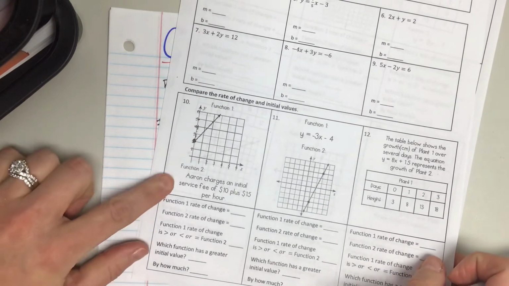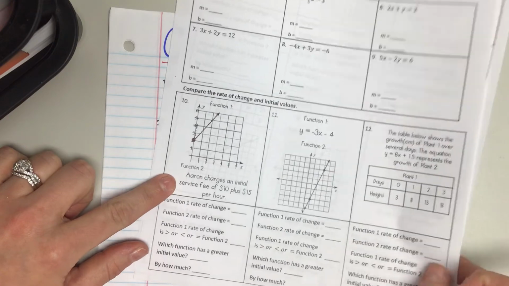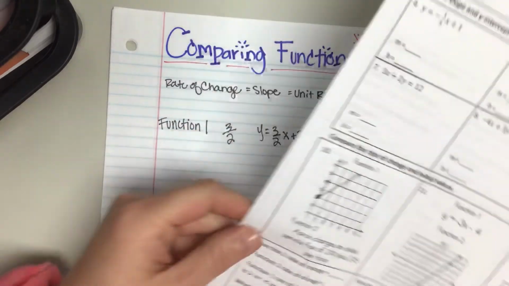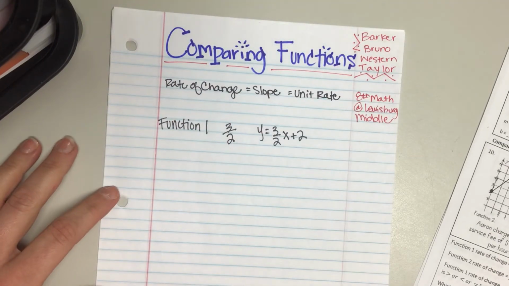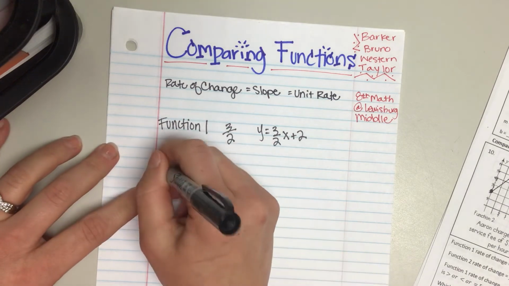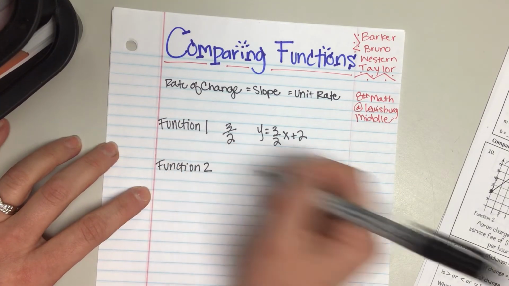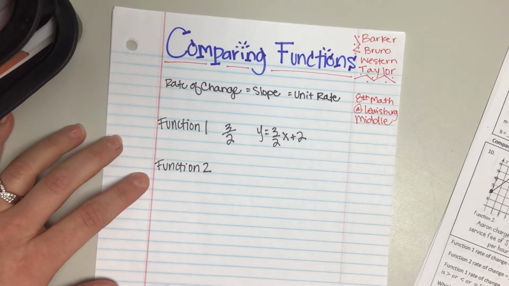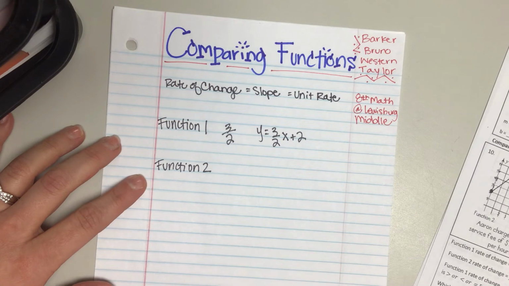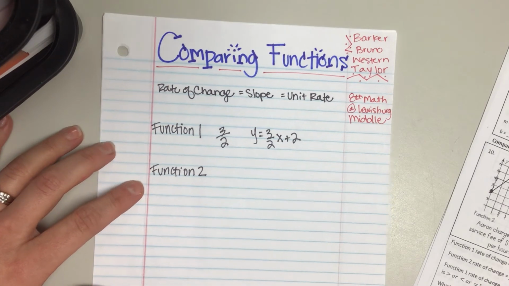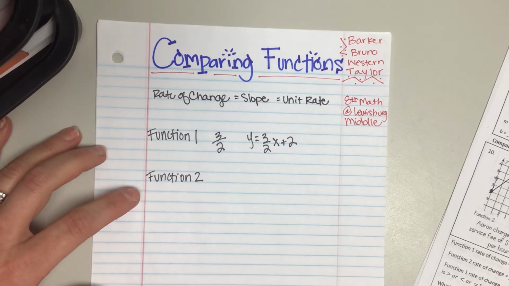So let's go ahead and write an equation for this particular word problem. So Aaron charges an initial service fee of $10. This is going to be for function 2. Okay, so he has an initial fee of $10. That means before he even charges any money at all, he has $10 coming in.